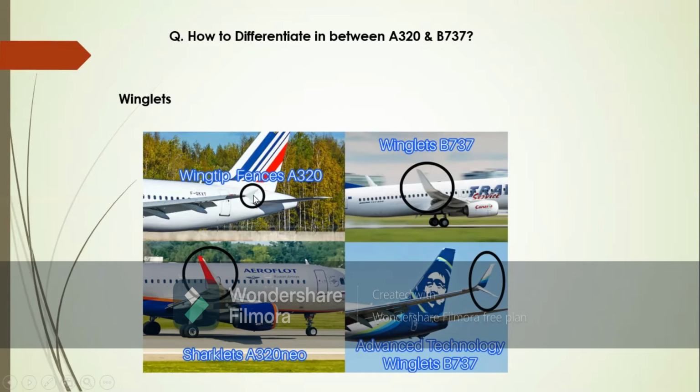Similarly, in the Airbus we have what we call the sharklets, and it can be seen in the Boeing aircraft as well. You will find the winglets in the Boeing, while the sharklets are in the Airbus, and the diameter in the Boeing is larger than the one in the Airbus.